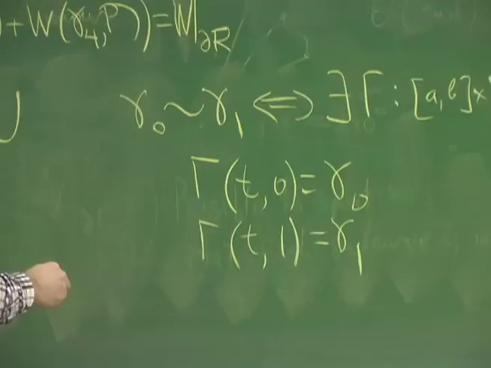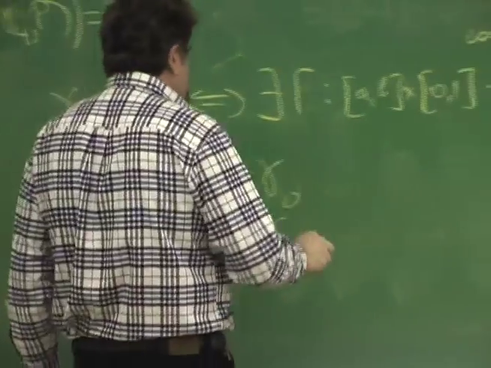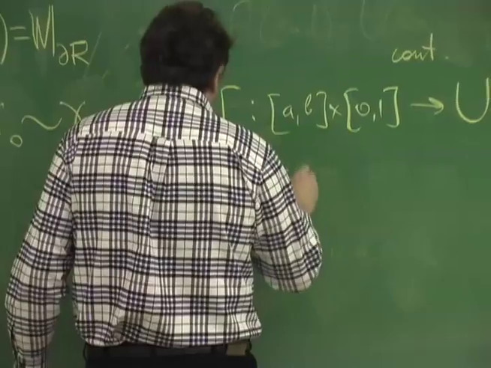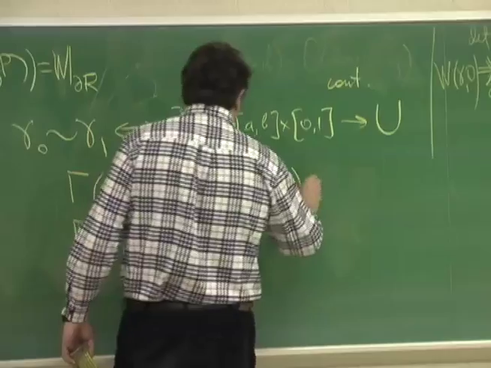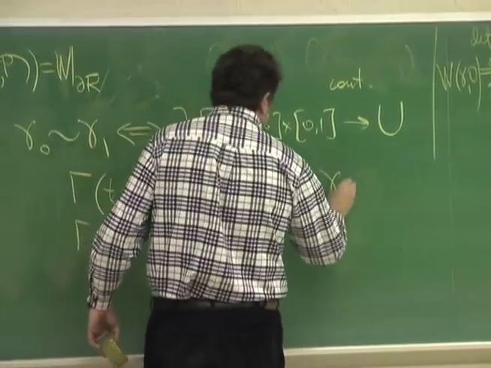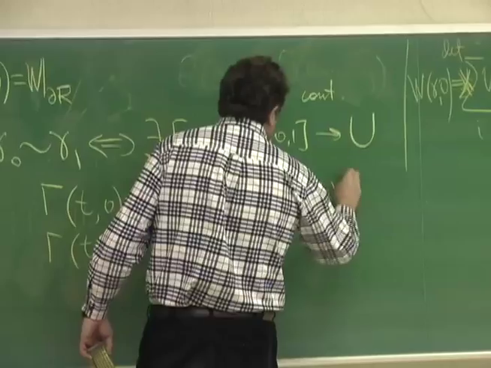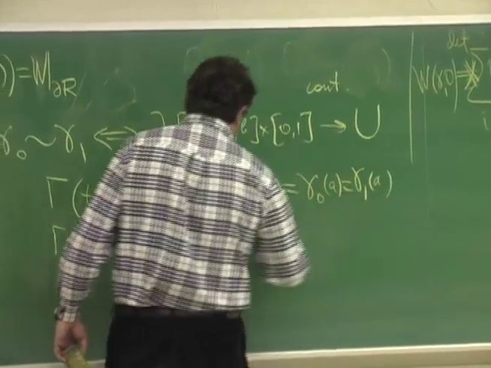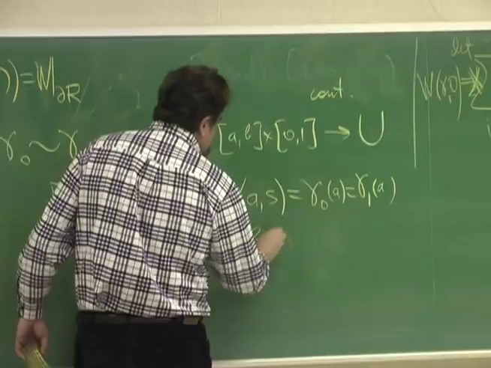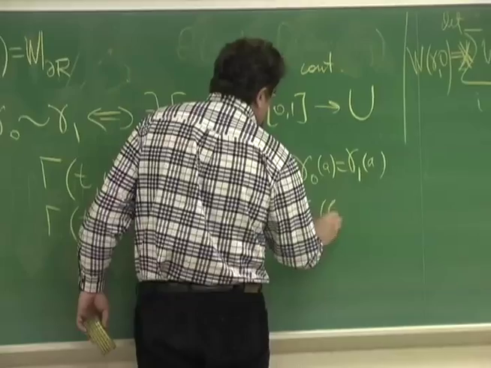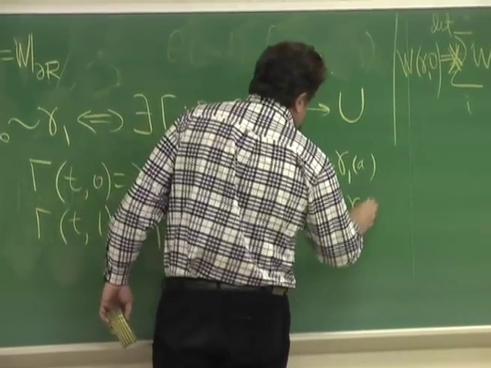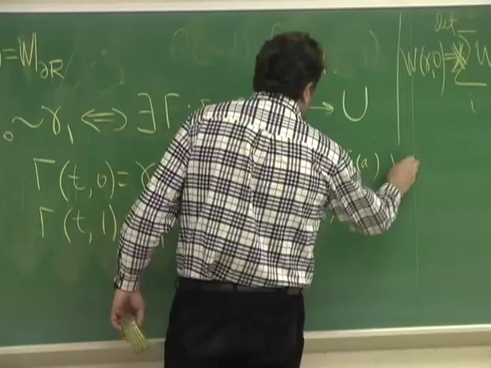So gamma of (A, s) is the same as gamma 0 of A, which is the same as gamma 1 of A, and gamma of (B, s) is the same as gamma 0 of B, gamma 1 of B, for all s.